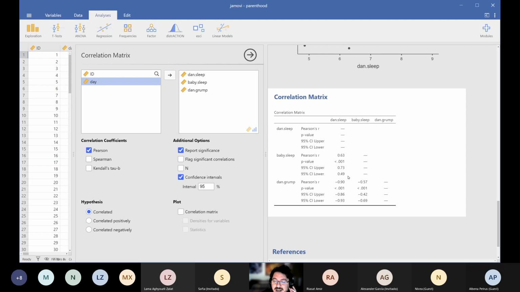But most importantly, besides the large or small range of this confidence interval, the confidence interval for the negative correlation between Dan grumpiness and baby sleep could also include that strength. You see here that it goes from 42 to 69. So it says that the true negative correlation between Dan grumpiness and baby sleep could be minus 0.63, which is the same, although positive, as what we see between baby sleep and Dan sleep.